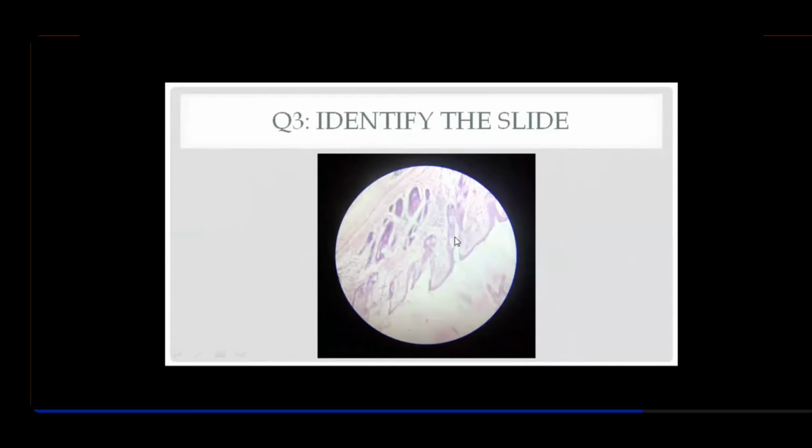Skin. So this is a thin skin, again a hairy skin. You're seeing here the surface epithelium, which is stratified squamous, and down below these are the hair follicles invaginating into the skin, reaching into the dermis. You can see these are the hair follicles.